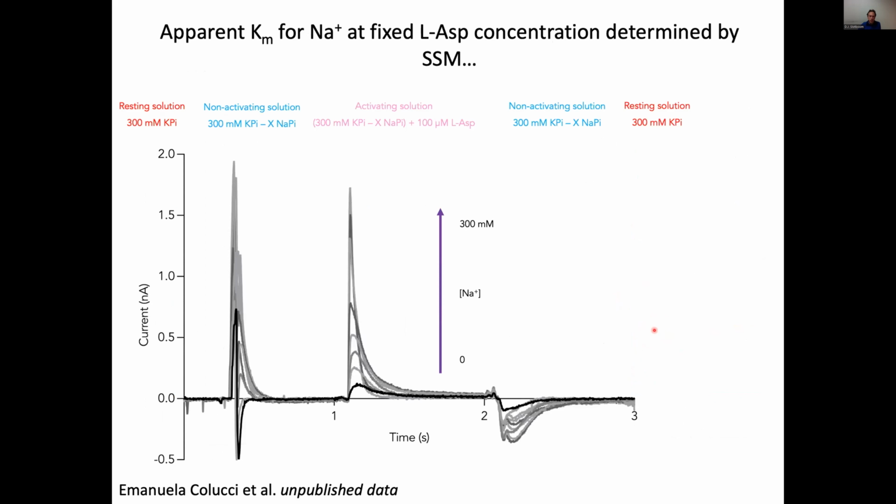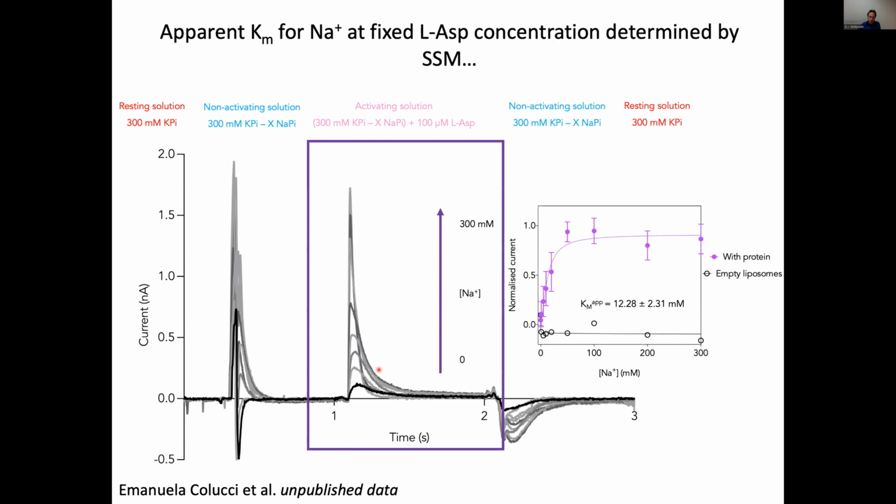Now in this experiment, we then varied the concentration of sodium in the activating solution and also in the non-activating solution. And what you can see in the middle here, if you increase the amount of sodium, the current amplitudes go up, and you can plot this in relation between the current amplitude and the sodium concentration.